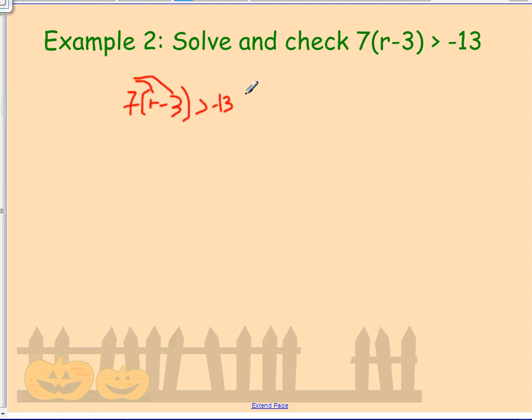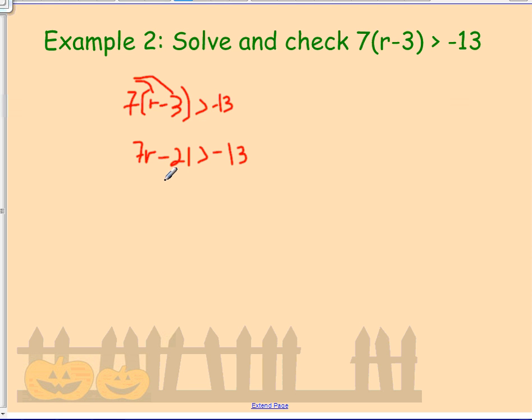So we're going to need to distribute the 7 to everything inside the parentheses. So 7 times r is 7r, and 7 times negative 3 is negative 21, is greater than negative 13.